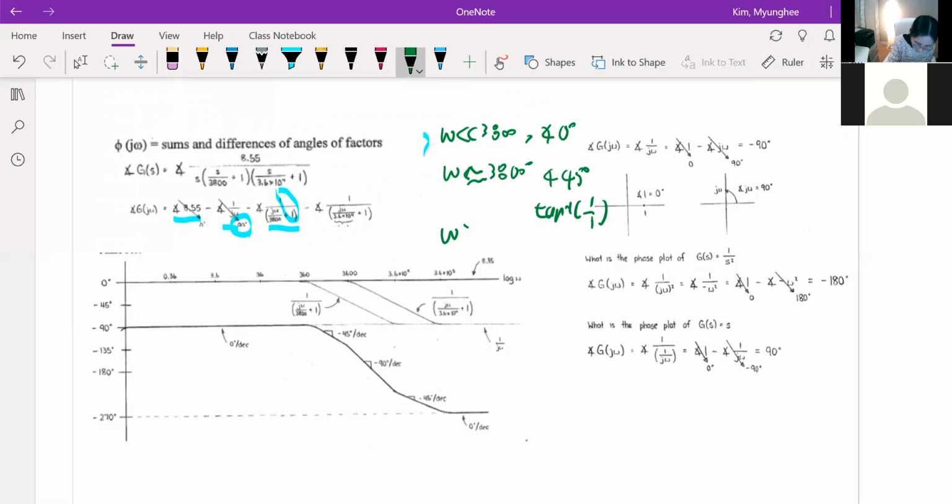When omega is very, very large, this part is more important, so it becomes about negative 90 degrees.